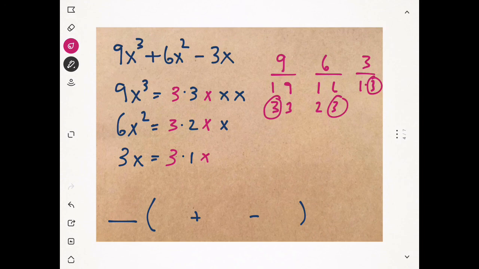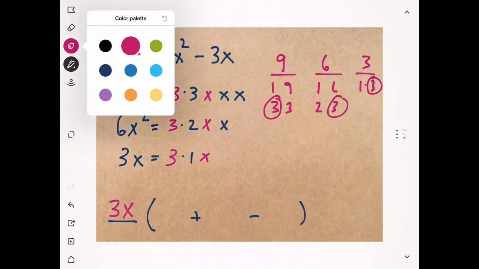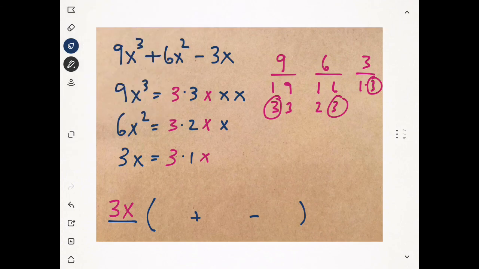Okay, so we've highlighted them in pink, so our greatest common factor in this case is 3x. And then on the inside, we're going to write what we have left. In the first term, we have 3 and 2 x's, so that's 3x squared. In the second one, we have 2 and an x, so we have 2x.